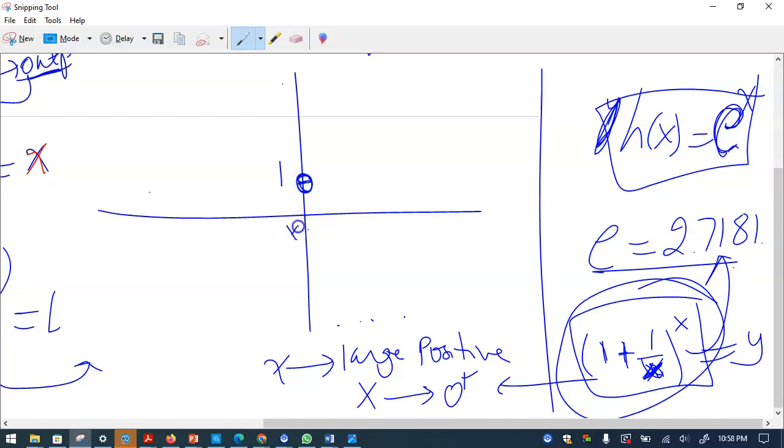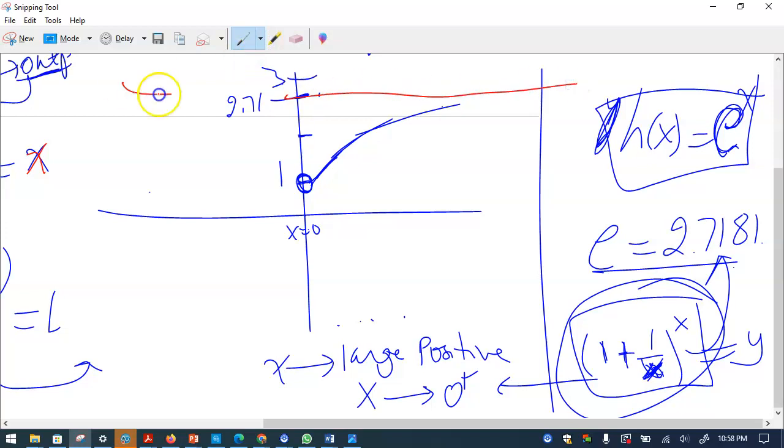When x is 0, there's no output. So it starts like that and then goes on increasing, maybe 2, then 3, and 2.7, 2.71. So there is a horizontal asymptote right here. The graph approaches, see this part, this goes on increasing, and that number is called E.